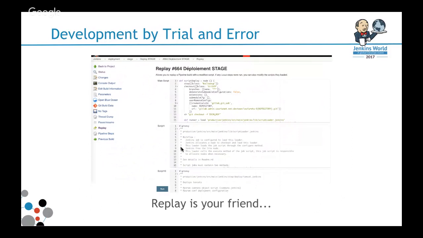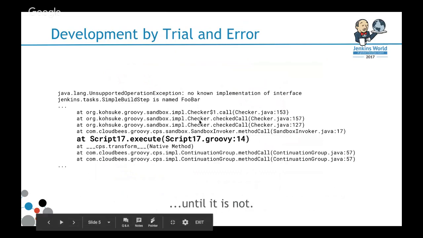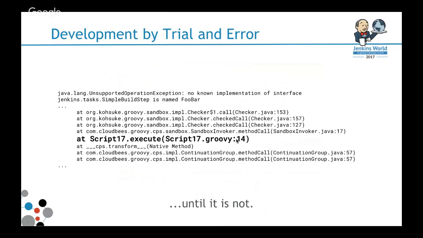So we used this small little functionality that is replay pipelines that lets you modify the pipeline script and retry the job. And we little by little developed our pipelines like that. So that wasn't easy, because when you made an error, even though it's a little typo, you get this, and you should go check it out. What is script 17 and line 14 and so on.